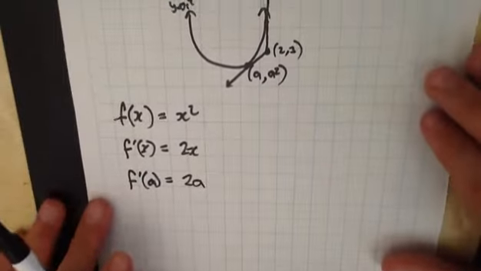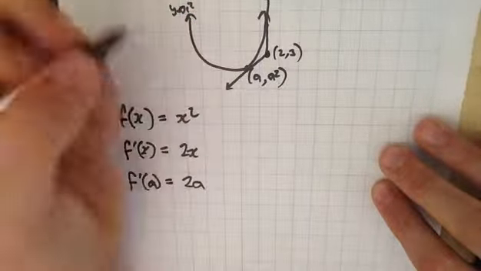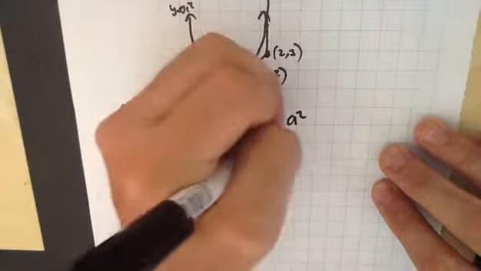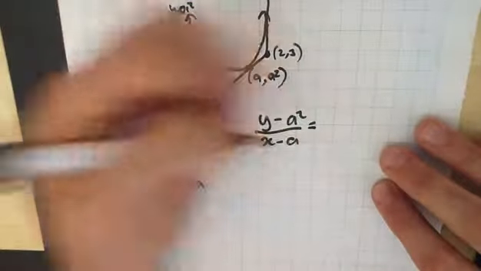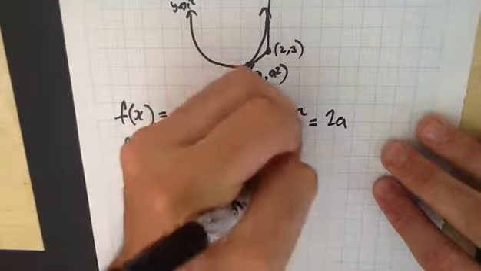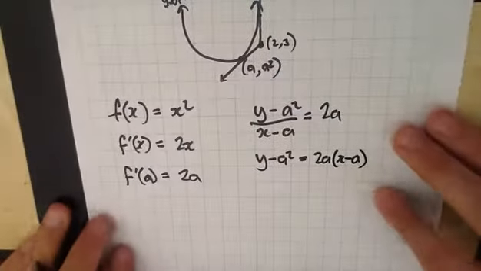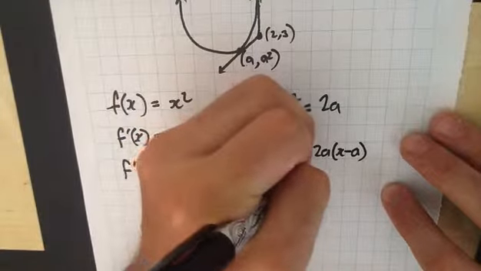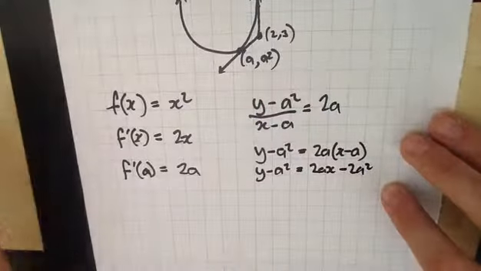Therefore, just like we always do when we find the equation of the tangent: y take a squared over x take a is equal to the slope of the tangent, which is 2a. Rearrange this, so that's 2a times (x take a). That's going to be y take a squared is equal to 2ax take 2a squared.